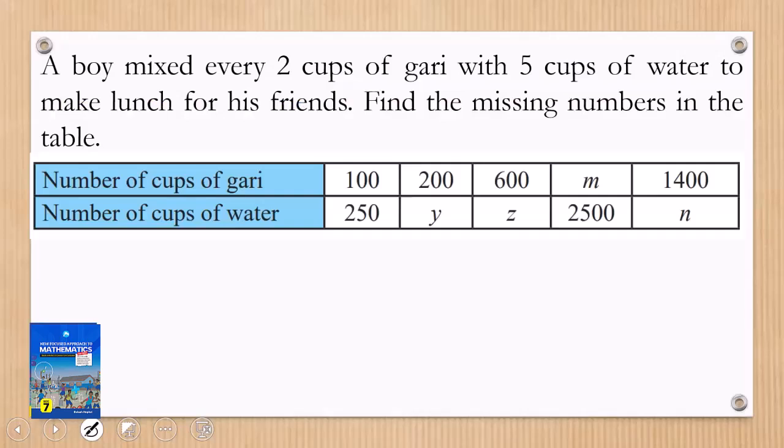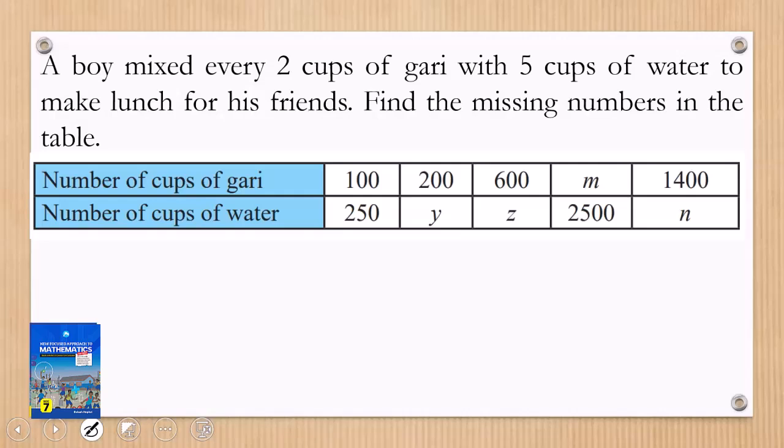Based on our previous lesson, we learned how to compare ratios. Now here we have a boy who mixes every two cups of gari with 5 cups of water to make lunch for his friends. Find the missing numbers in the table below. We are looking at comparing the number of cups of gari to the number of cups of water.